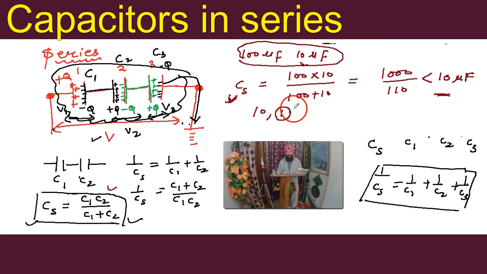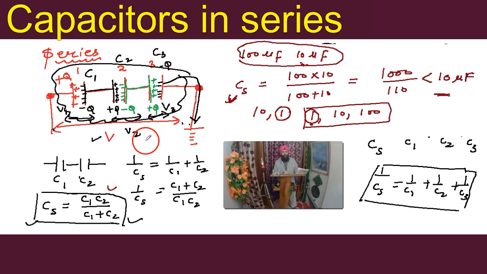Whenever capacitors are connected in series, maybe 1 microfarad, 10 microfarad, 100 microfarad, three capacitors in series, the answer will be less than 1 microfarad. Whatever the least value, the resultant capacity will be even smaller than that. So this is the whole thing about capacitors when they are connected in series. Okay.